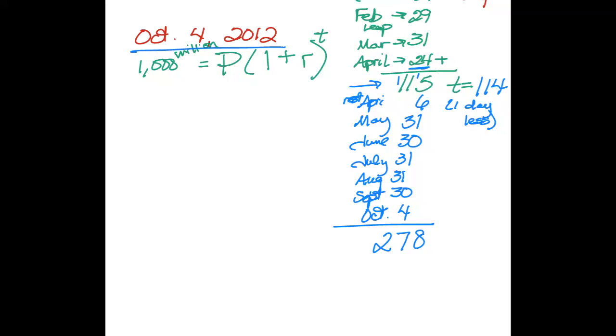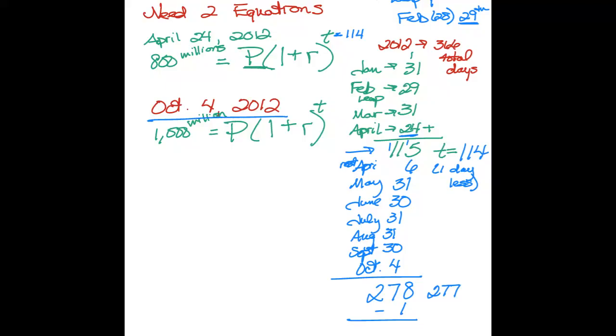Oh, I forgot to add the... Did you add the 115? No. Now, that is without taking the 1 day off. So if I take off that 1 day, I am at 277. So T here is 277.